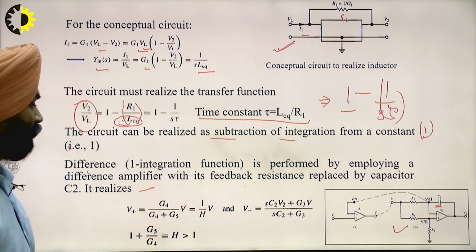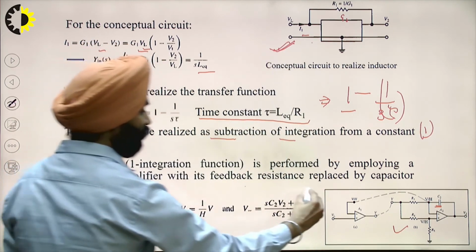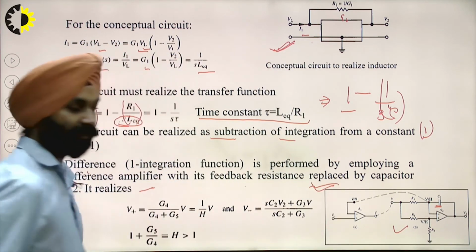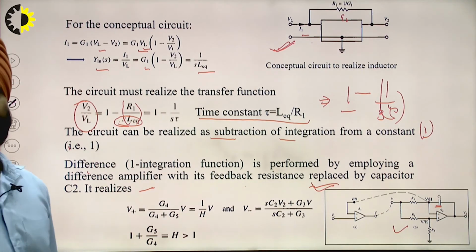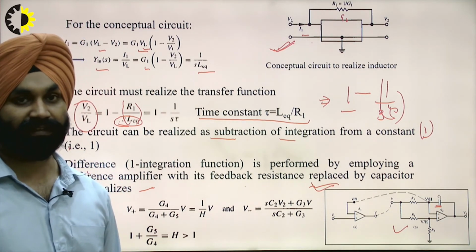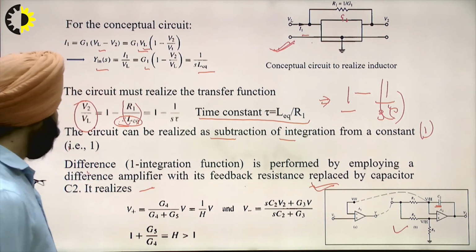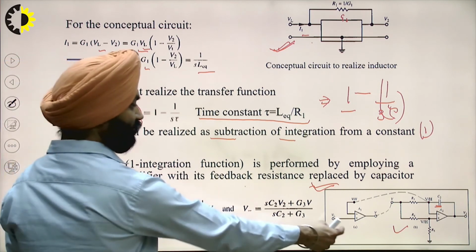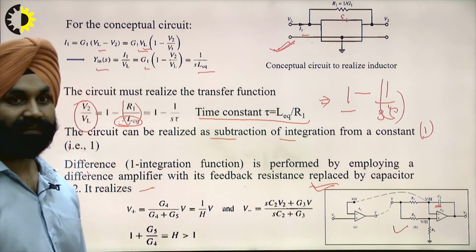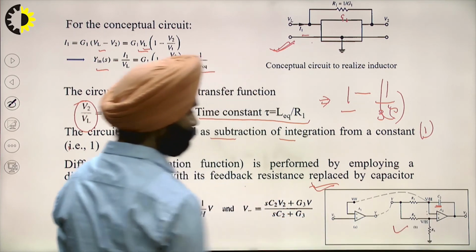So for this conceptualized circuit, we can draw using op-amps a difference amplifier with a resistance and a capacitor. We have two voltages, V plus and V minus.